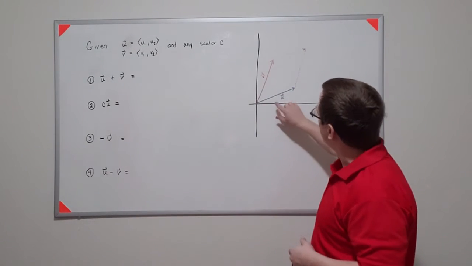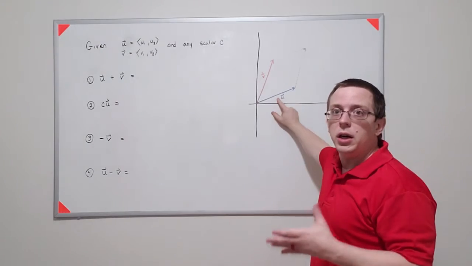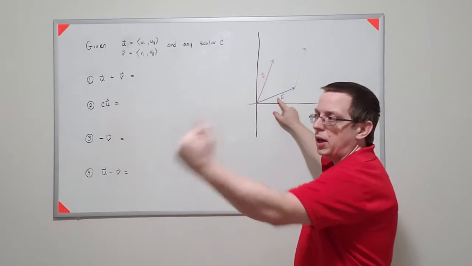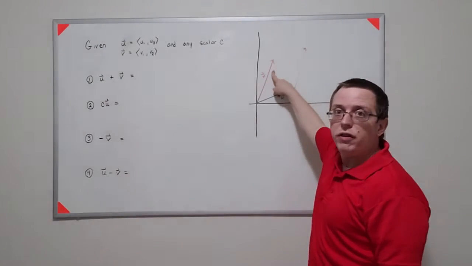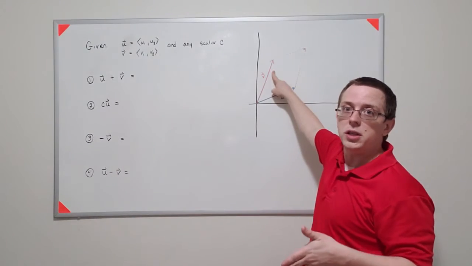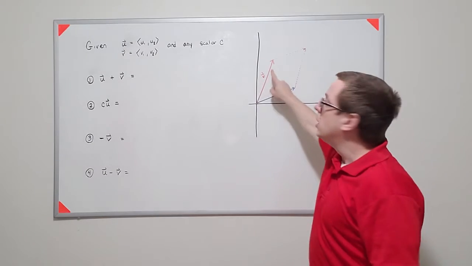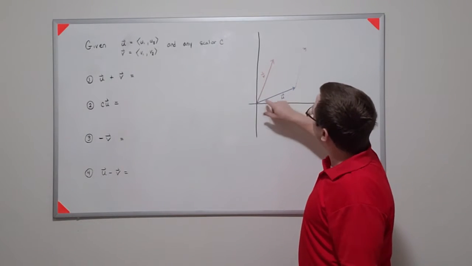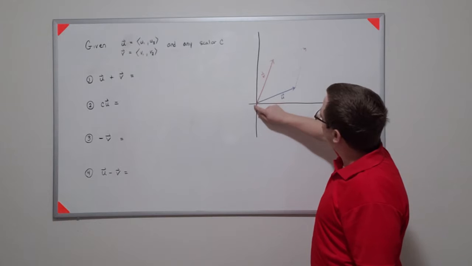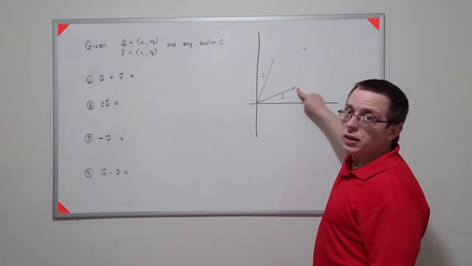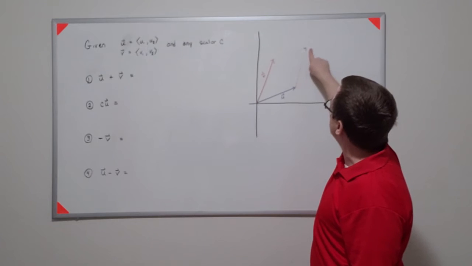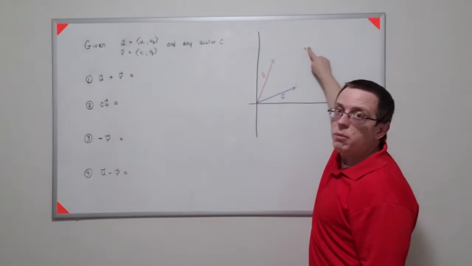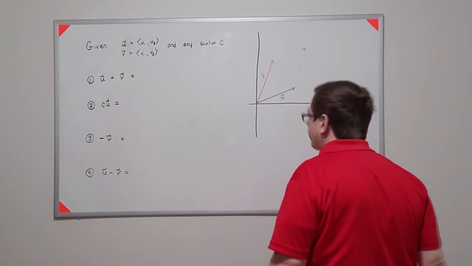So if we think about the vector u being some vector from LA to Washington, D.C., and v being a vector from Washington, D.C. to Boston, then we can think about the idea of if I went from LA to DC and then went from DC to Boston, this would be my final destination.